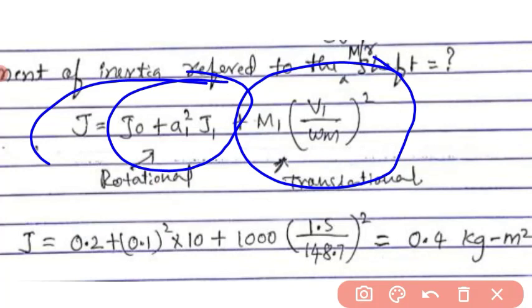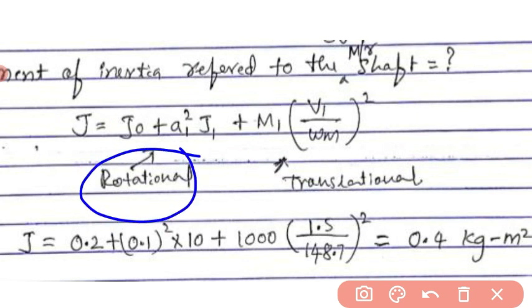In this numeric question, both loads are connected to the same motor. Hence the total moment of inertia is the sum of the rotational and translational motion parts.